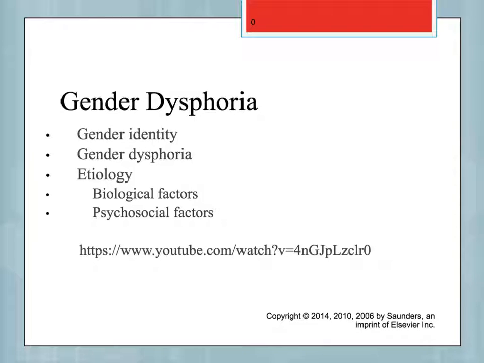Gender identity is usually established by the time a child is 3 years of age. Dysphoria is when those individuals have feelings of unease about either their maleness or their femaleness. An individual with gender dysphoria feels at odds with the roles that are associated with that gender. So a child with this disorder is likely to engage in play associated with the opposite sex, such as a girl playing army with the boys.